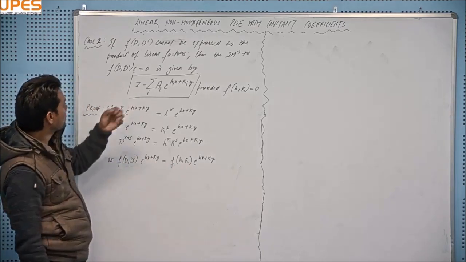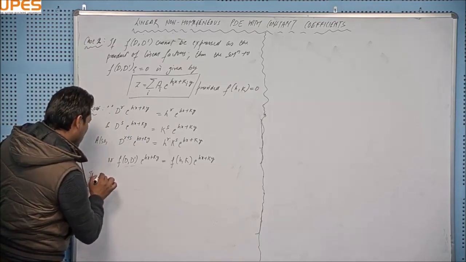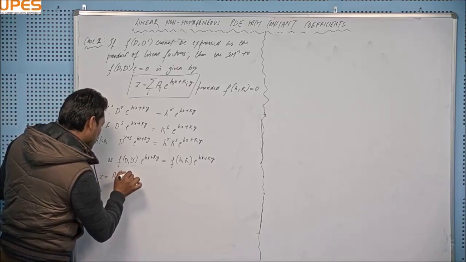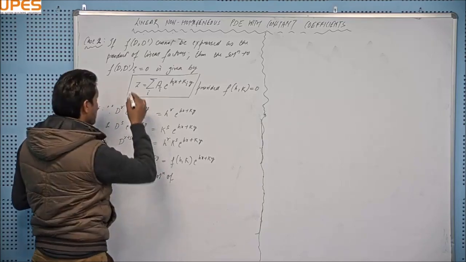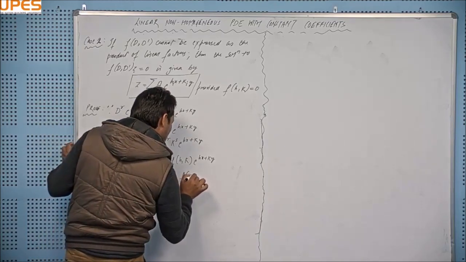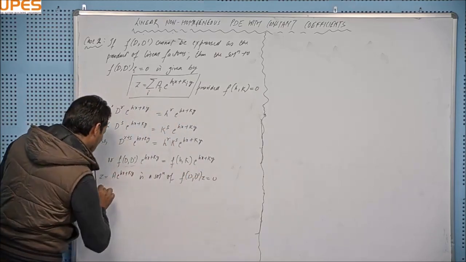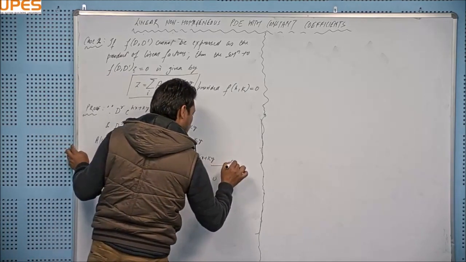Or should I put this here? Okay, if z is equal to A times e to the power hx plus ky is a solution of this F(D, D')z equal to 0, then it must satisfy this equation. Let me call it equation number 1.